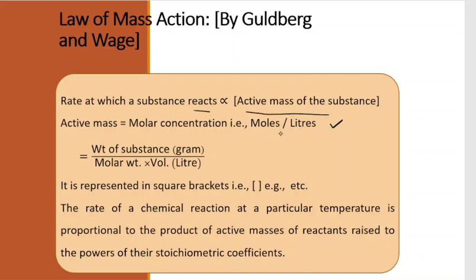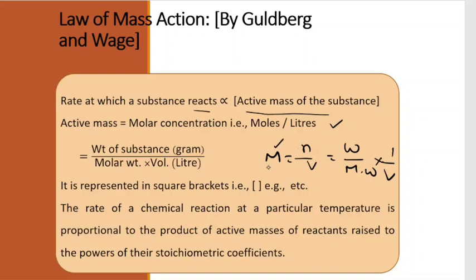How can we get the number of moles per liter? It is n by V, the formula for molarity, and the number of moles we can calculate by weight by molecular weight, into 1 by V. So molarity is nothing but active mass.